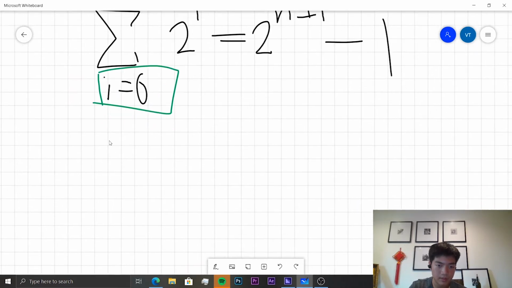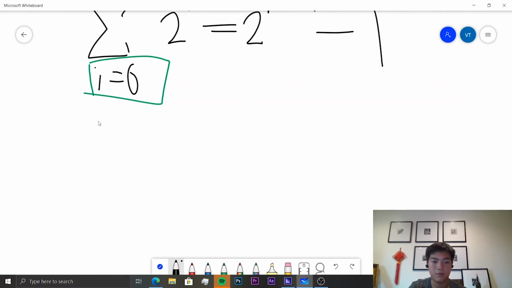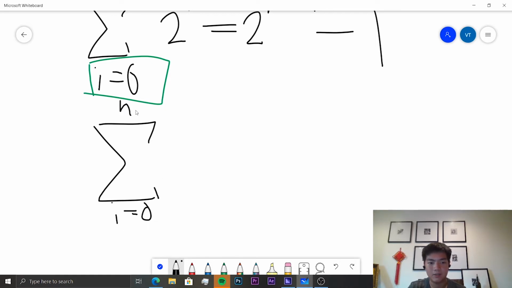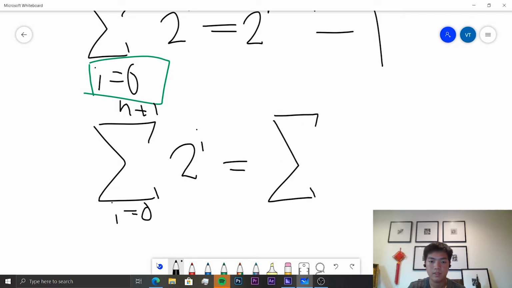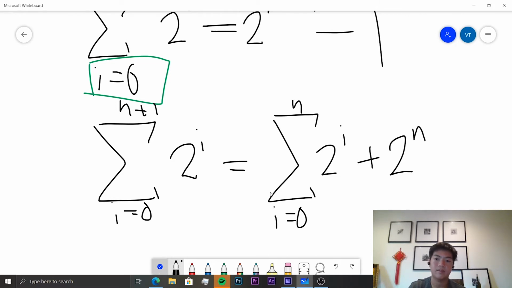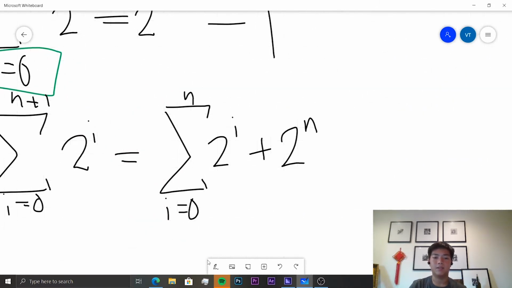If we assume that it's true for any number n, then the sum from i equals 0 to n plus 1 of 2 to the i should be equal to the sum from i equals 0 to n of 2 to the i, plus 2 to the n plus 1, sorry.